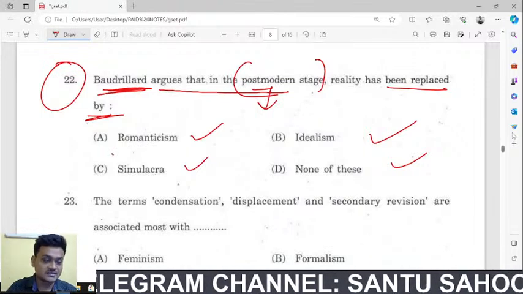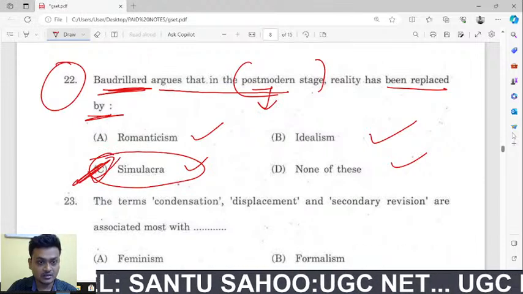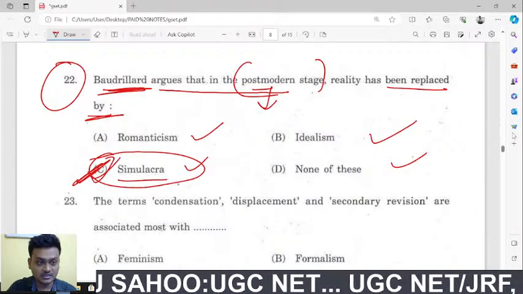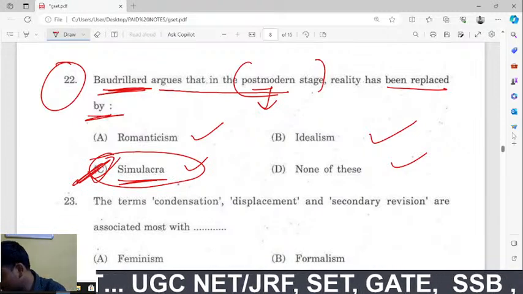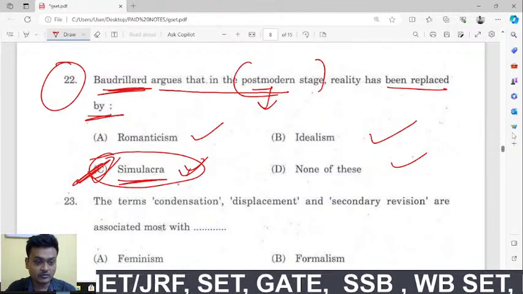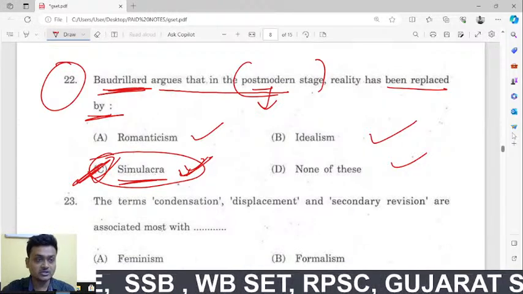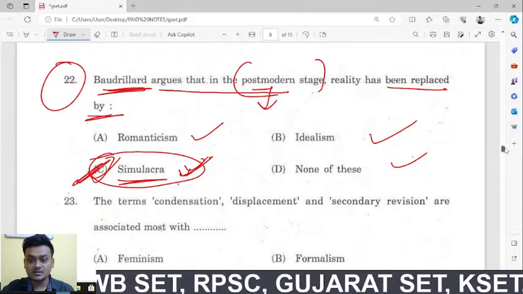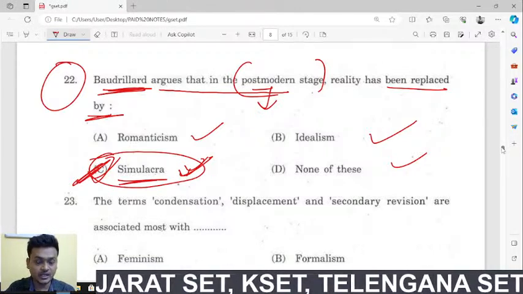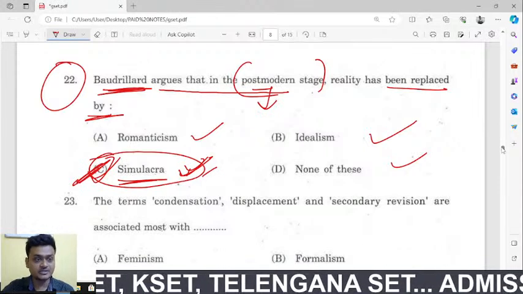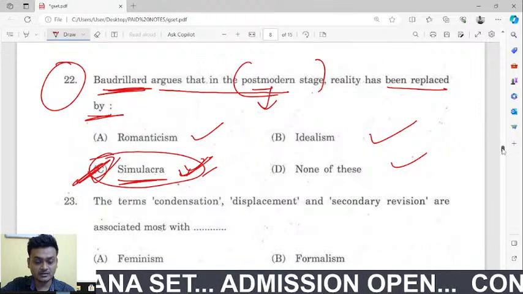It's not idealism, it's simulacra. I'll be sending a note on simulacra today in the Telegram channel. Remember that he has also given the concept of hyperreality. Reality has been replaced by simulacra.